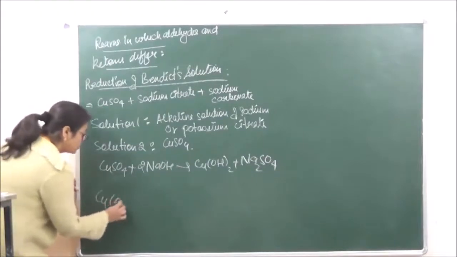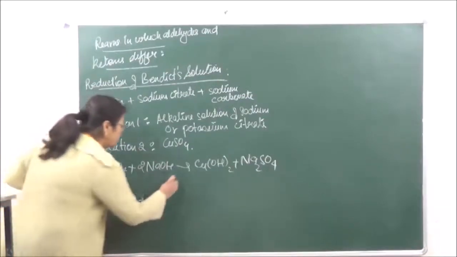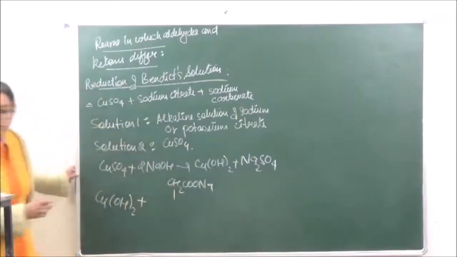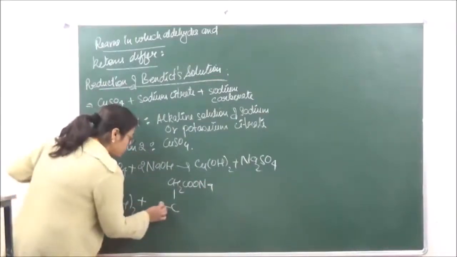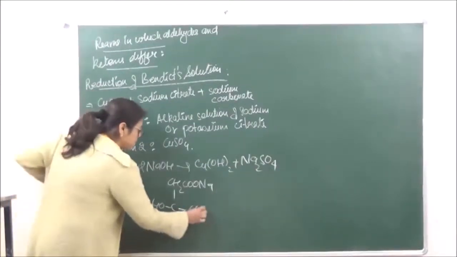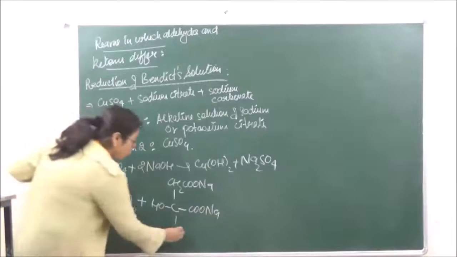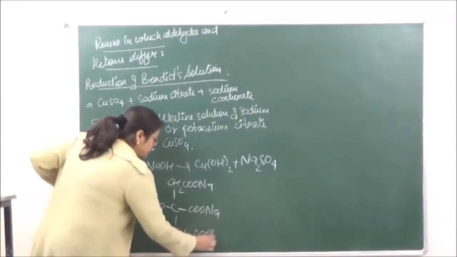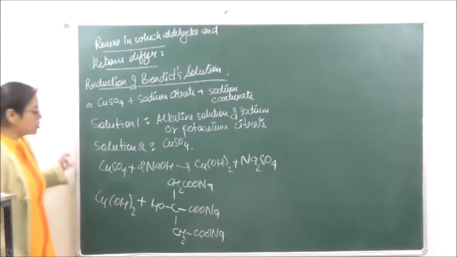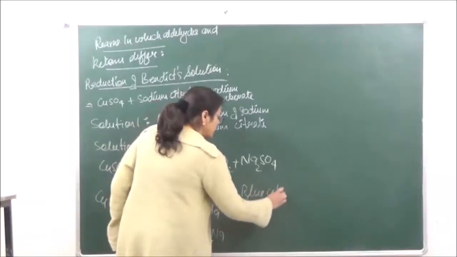Now this copper hydroxide which is going to be present will react with the following compound. This is sodium citrate. So over here also we are going to get a very complex compound which is blue colored.